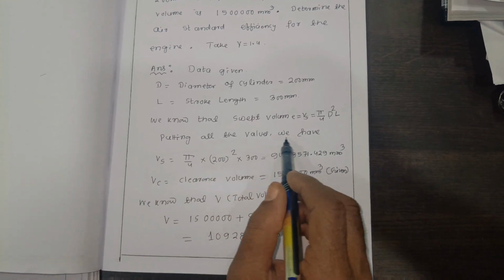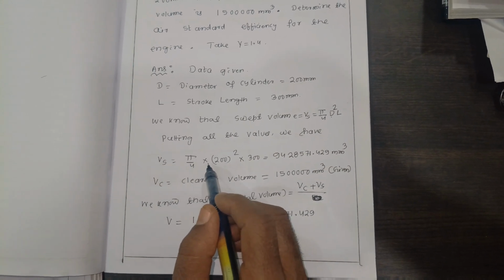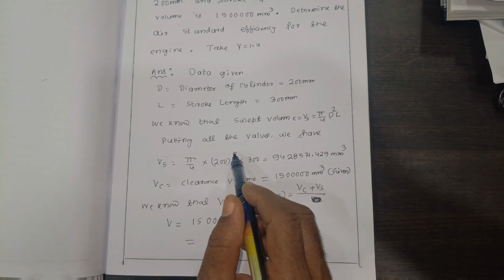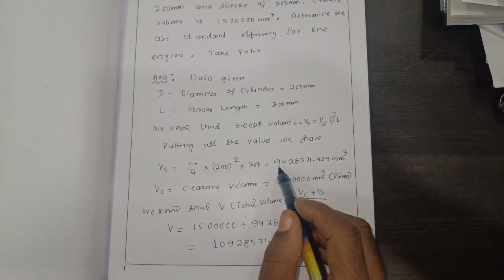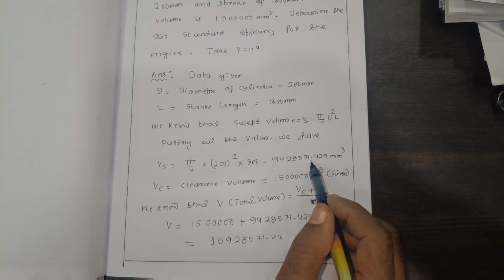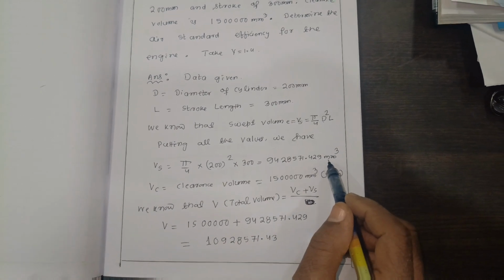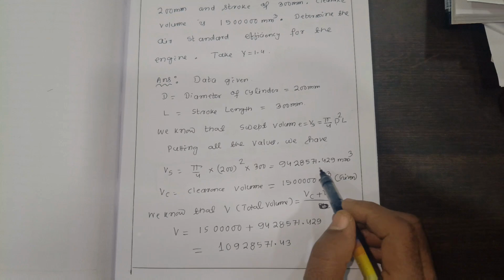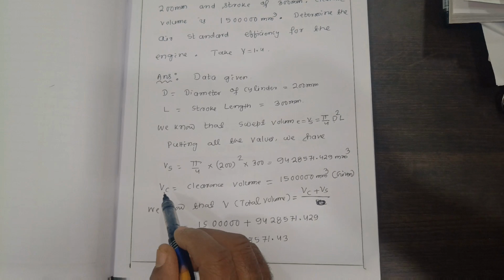Putting all the values we have, Vs is equal to pi by 4 into 200 square into 300 is equal to 9428571.429 mm3 after calculating in the calculator.